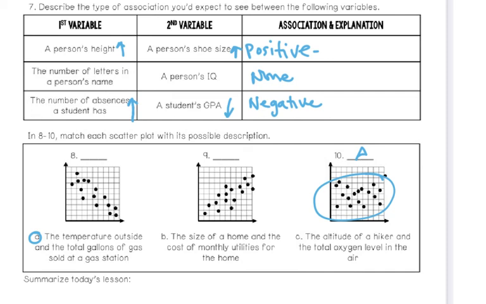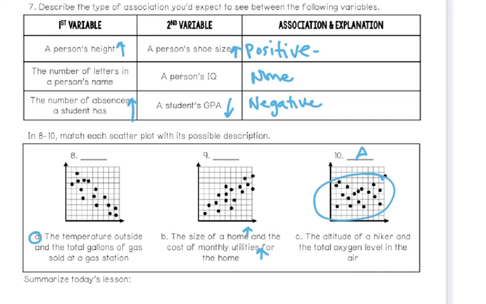If we look at the second example, B, the size of a home and the cost of monthly utilities for the home. The bigger the home, as that's increasing, the cost of the monthly utilities would also probably be increasing. So as the size of the home goes up, so will the utilities. If you remember, that is considered a positive relationship.